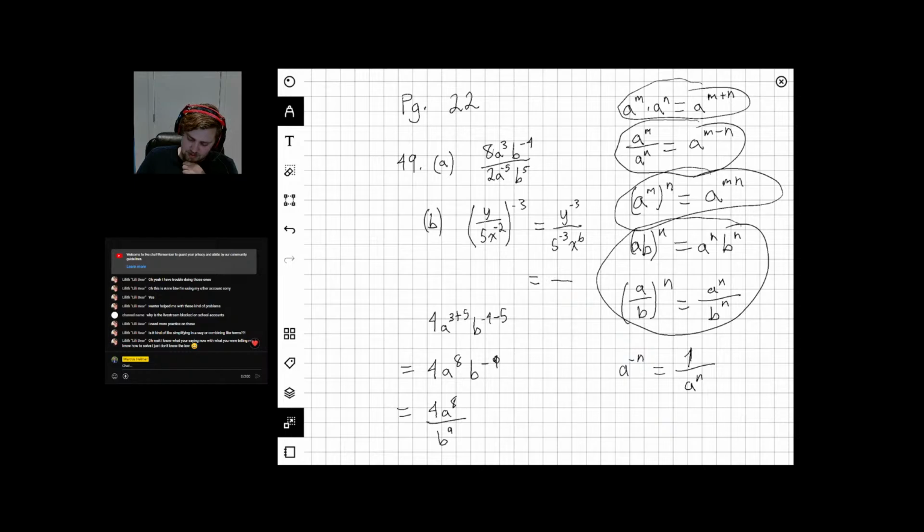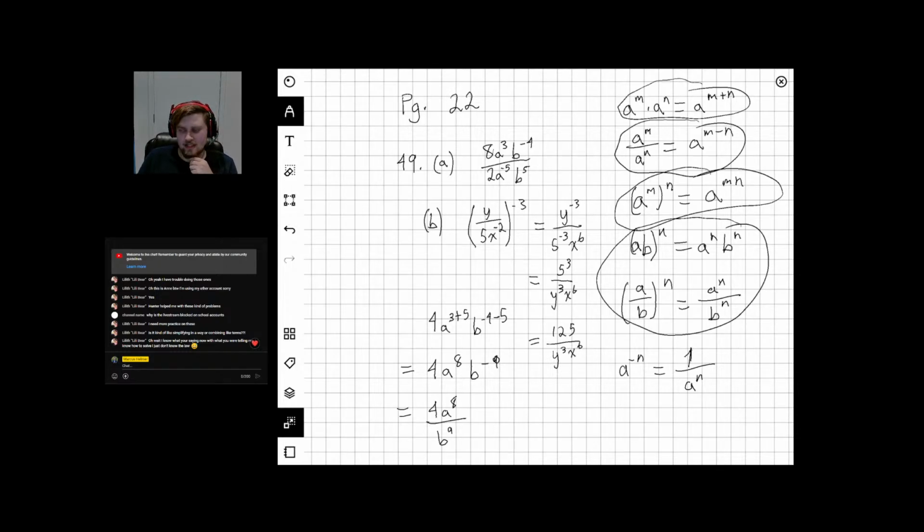So this becomes 5 to the third over y to the third x to the sixth. And 5 to the third we can actually evaluate. That's 125, over y cubed x to the sixth.